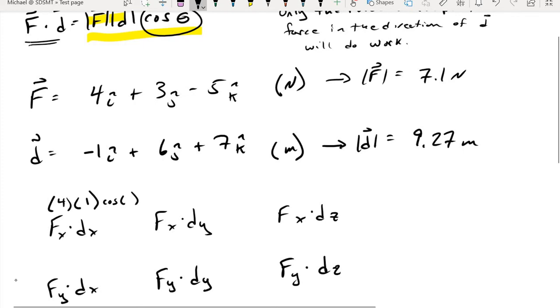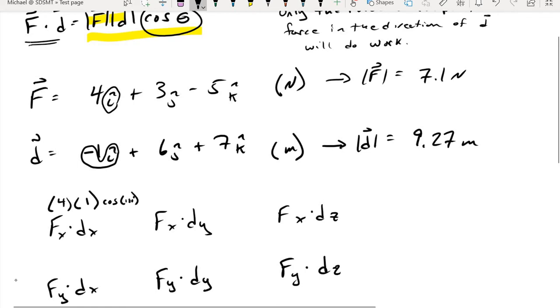Well, we have one component that is pointing in the positive x direction. We have another component that is pointing in the negative x direction. That is a cosine of 180, which is going to give us a minus sign again, or we get just -4.